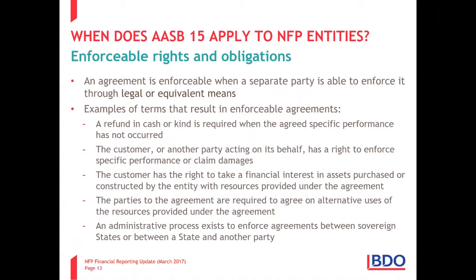The second one is the customer or another party acting on its behalf has a right to specific performance, or they can claim damages. So you're not doing the right thing, you don't have to refund, they can claim damages from you. That would lead to enforceable rights and obligations.